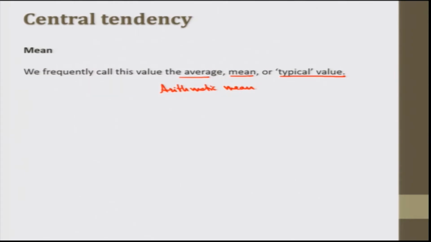Arithmetic mean, which is generally denoted by x bar if the data values are x_i. These are my data points. So, this is my average, or better we call it mean.